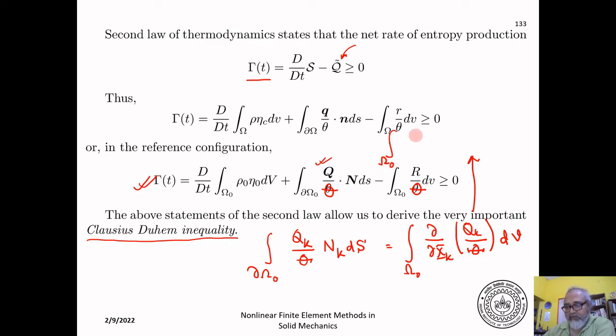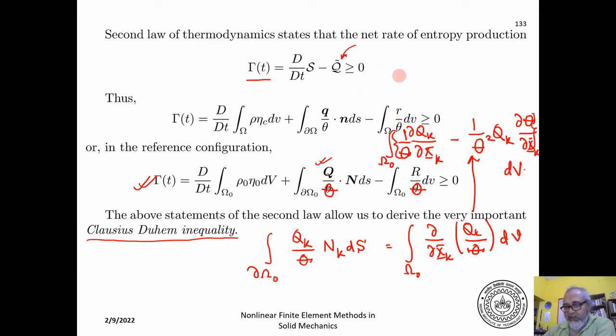So this derivative will give you the partial of q_k with respect to capital X_k times 1 by capital Theta, minus 1 by theta squared, q_k times the partial of theta with respect to X_k, dV over omega naught.